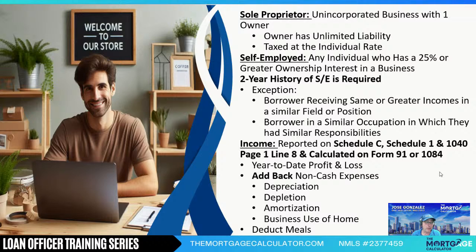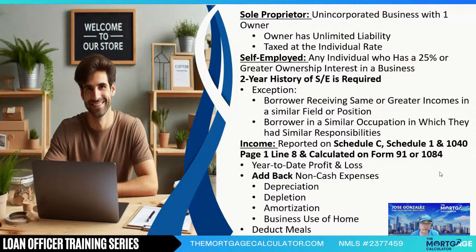If it's past the first quarter of the year, so January, February, March, and now we're in April or moving forward, your borrower is going to need to provide a year-to-date profit and loss.